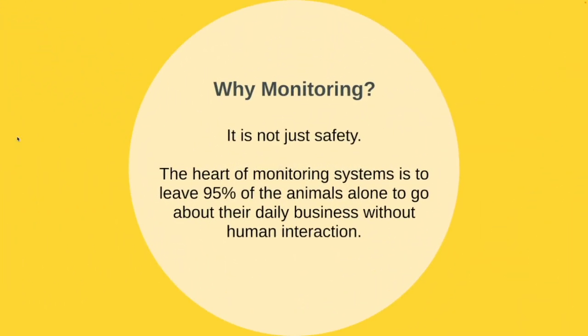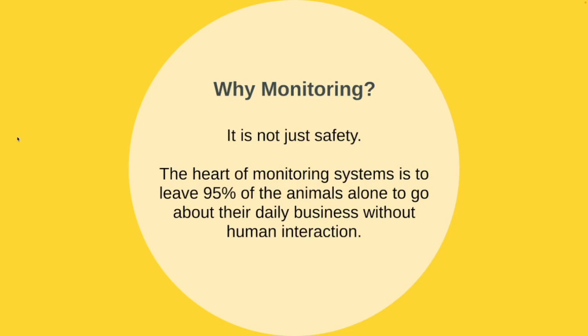The idea of having a monitoring system in a farm is not just about safety alone. What is very commonly observed in these farms is that 95% of the animals do not need any intervention in their daily routines because they'd be going about their own ways and minding their own business.